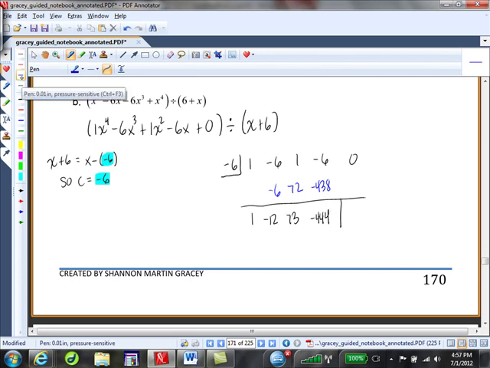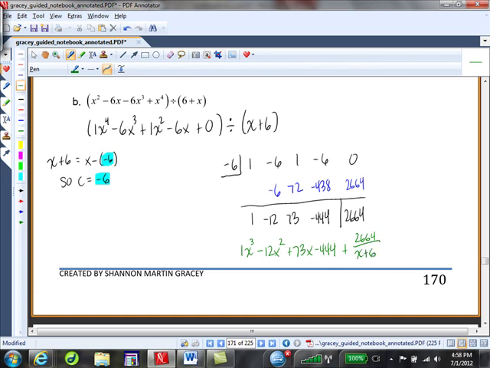And then when we multiply negative 444 times negative 6, we will get positive 2664. When we add that to 0, we get 2664. So again, here we go. This is 1x to the, we go down 1. So our degree of this polynomial was 4. This one's going to be 3. So we have x cubed minus 12x squared plus 73x minus 444 plus 2664 over the divisor, which was x plus 6.